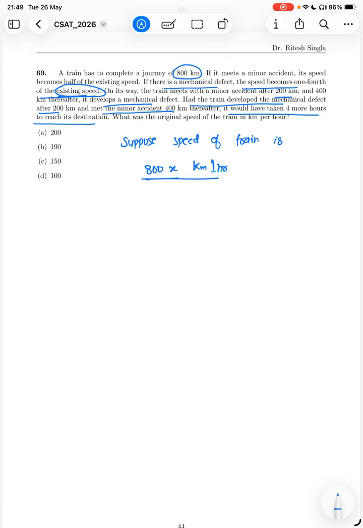So for the first 200 kilometers, on its way, the train meets with a minor accident after 200 kilometers. For 800x kilometer, it takes 1 hour. For 1 kilometer, it will take 1 upon 800x time, and for 200 kilometers, it will take 1 upon 4x.